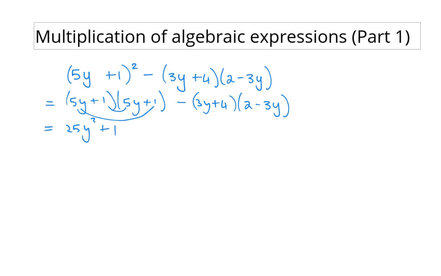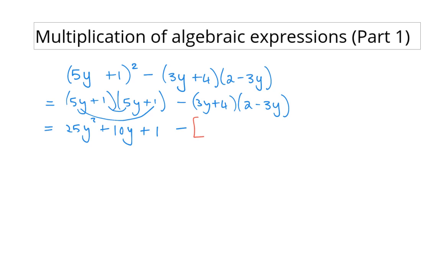If you add that, that's 10y. Sometimes it's unnecessary to write down the two like terms separately, so you can add them immediately, and 1 times 1 is 1. What is really important is if there is a second term, that you put the answer in brackets.